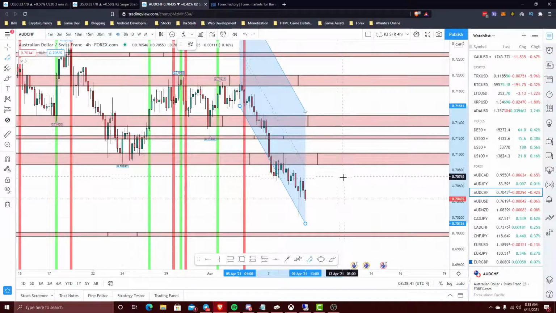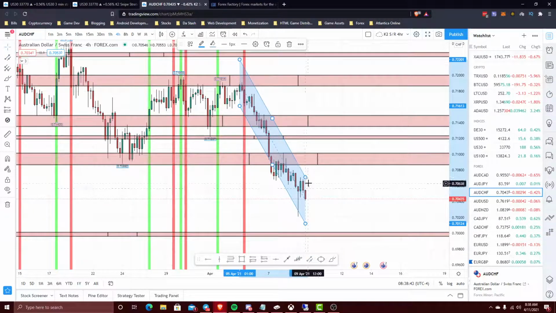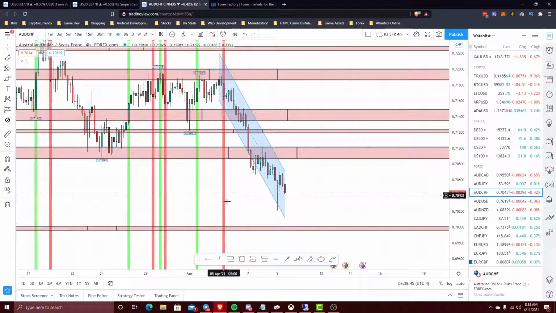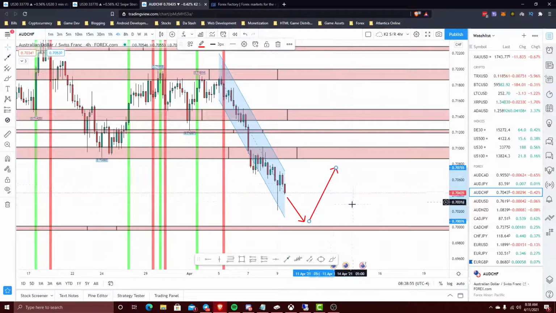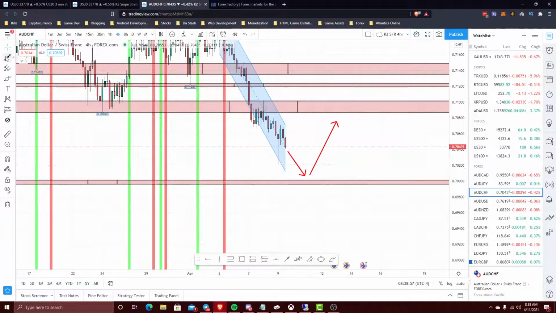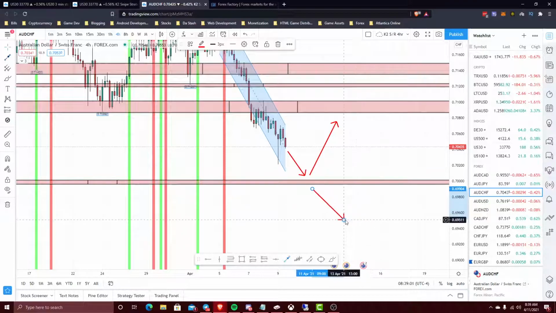Not a perfect channel, but you get the concept. So what I think it may do is continue down to here, and it may tap this zone here, and I think it might reverse on us and go up. If not, then it's just going to continue past the zone and continue down.